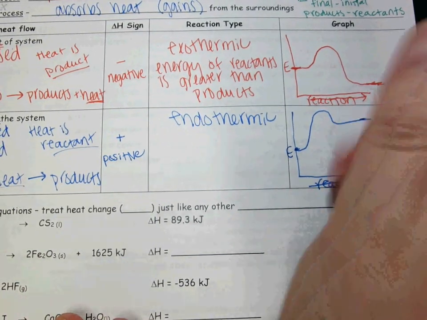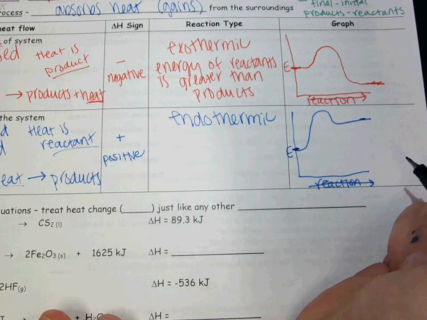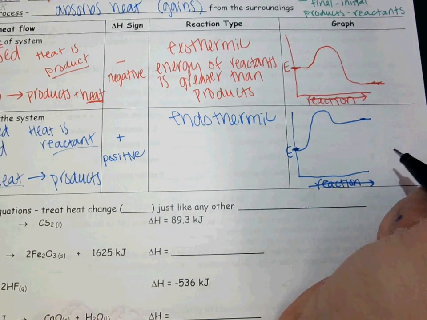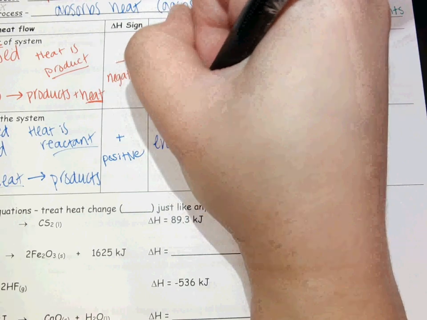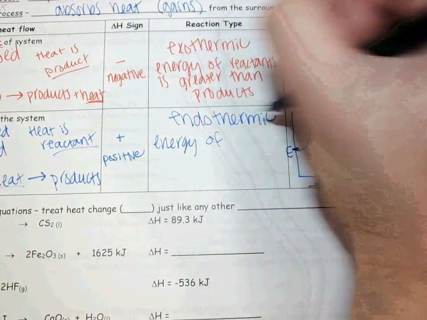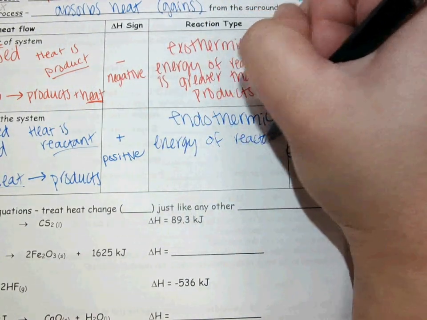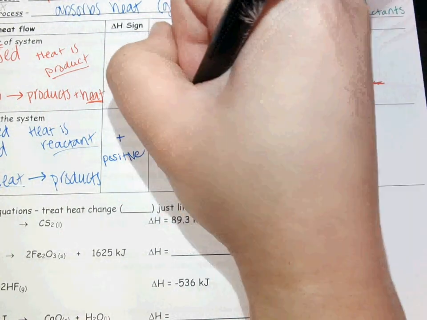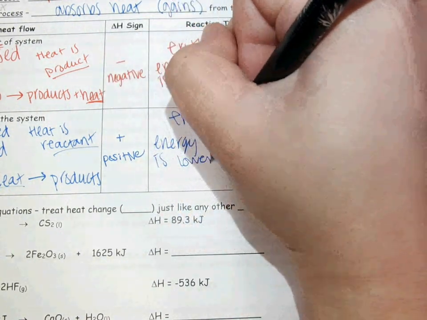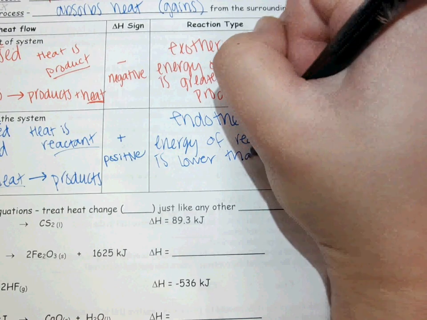But the main part to get from this is that your reactants start with a lower amount of energy than your products. So the energy of the reactants is lower than products.